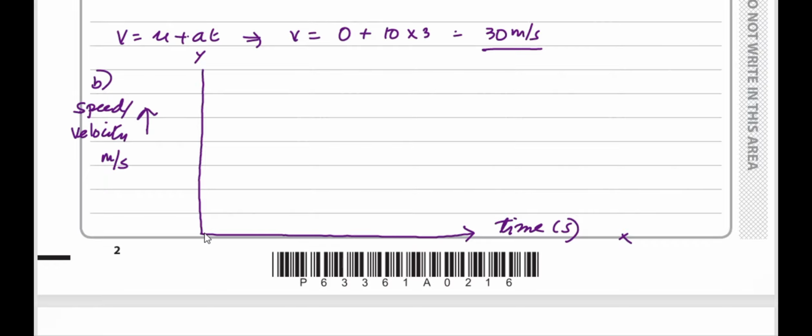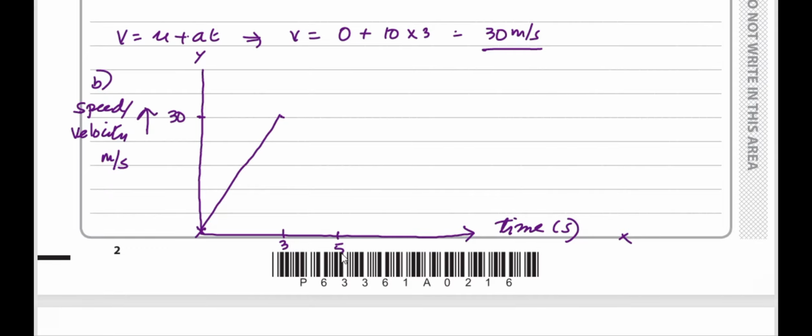All right, so looking at the information that we have, let's jot down things inside this graph. At the start, when the parachutist begins to fall, it is 0 velocity. Then after 3 seconds, so let's mark 3 here, she achieves a speed of 30 meters per second, as we calculated in part A. After that she decelerates, and that is for 2 seconds more.